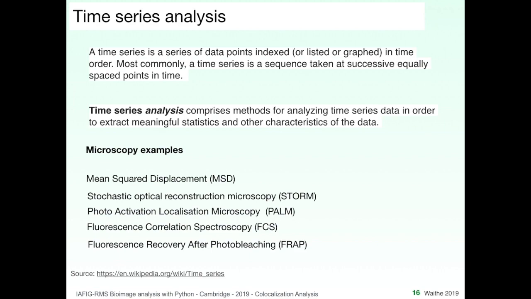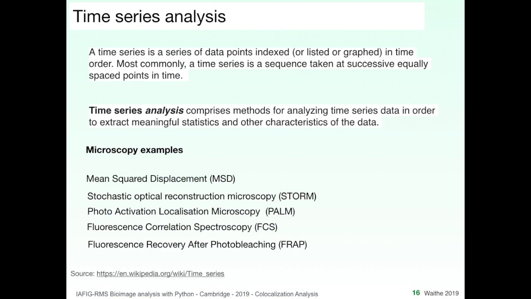Here are some popular microscopy examples. There's MSD analysis, where you track and then correlate the signal to assess whether molecules are diffusing or not, or if they have a certain directed motion. There's STORM and PALM, where you use time series to do super resolution imaging, and we'll go into how that works.